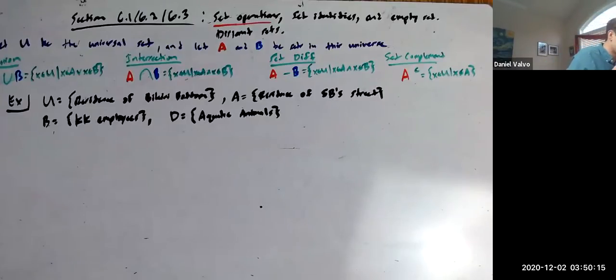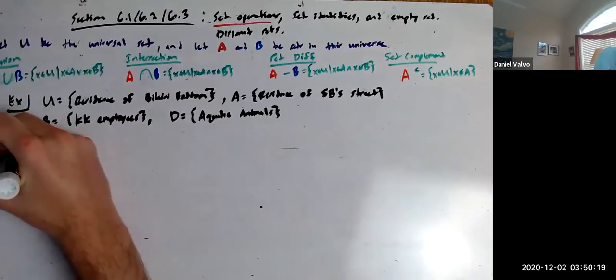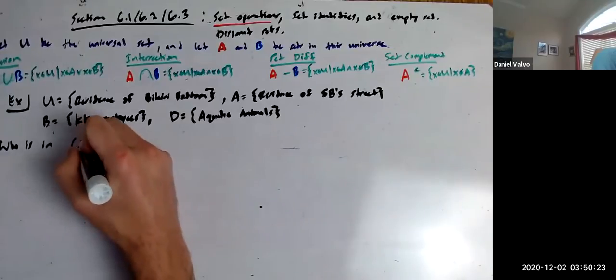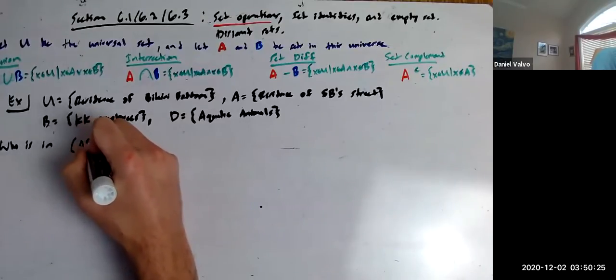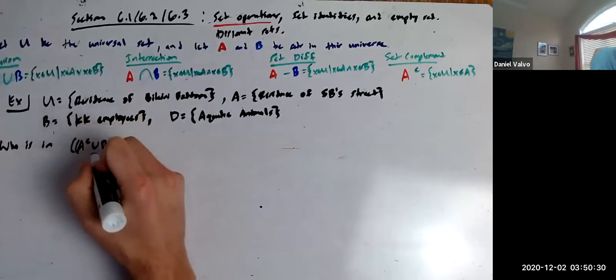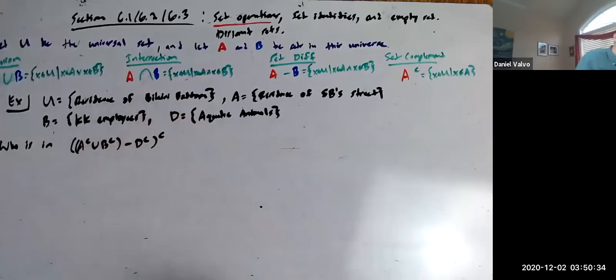And now let's consider who is in A complement union B complement minus D complement, all complemented.